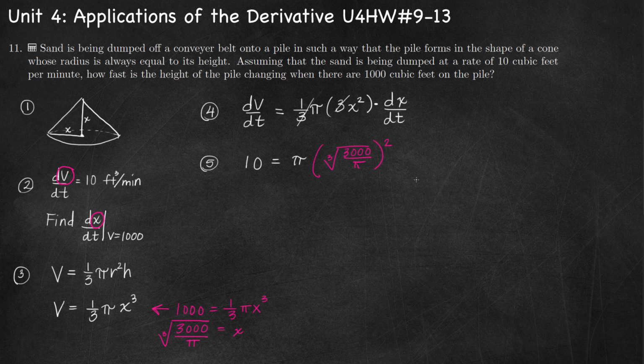And then times dx/dt, which is what we are solving for. So dx/dt equals 10 divided by pi times the cube root of 3,000 over pi, squared.